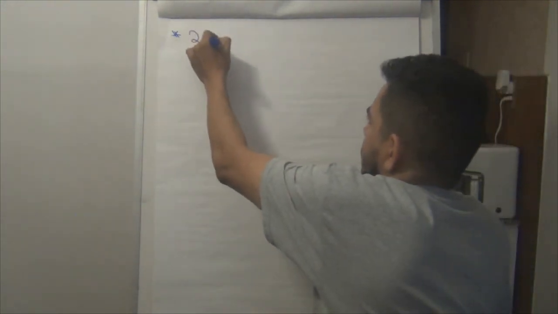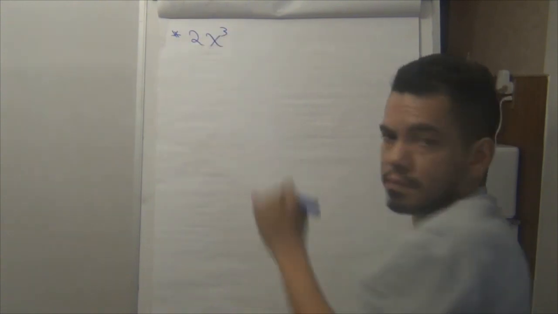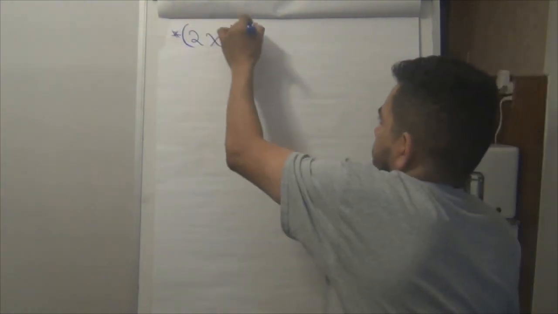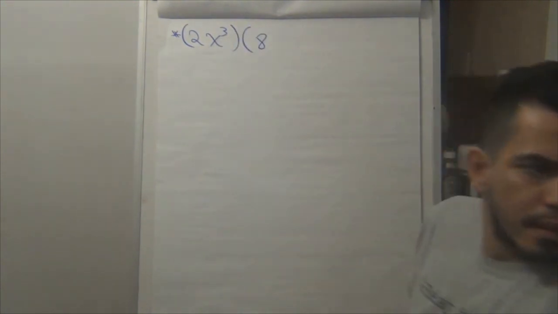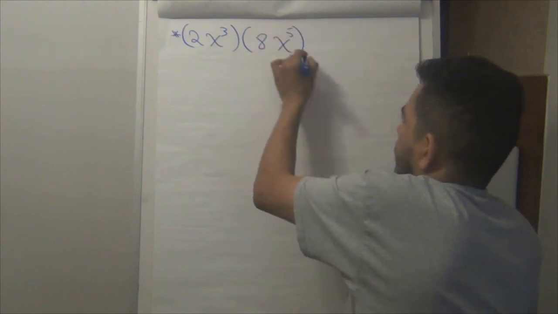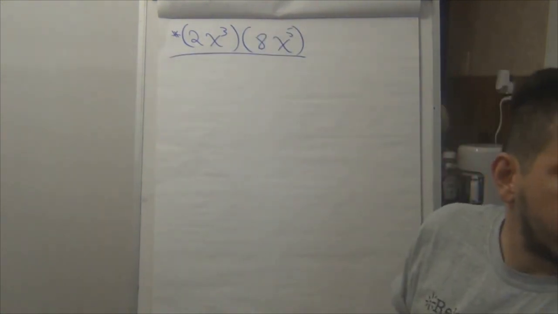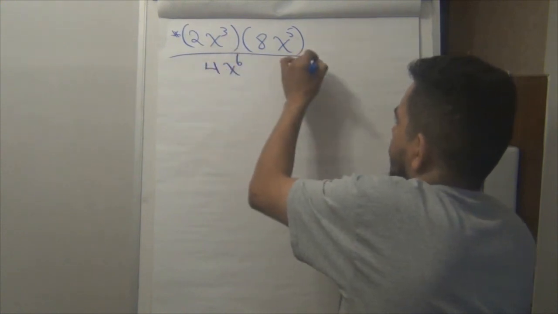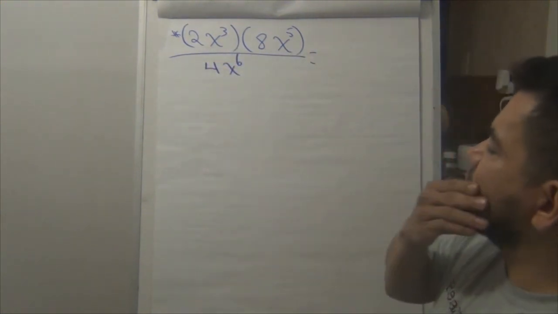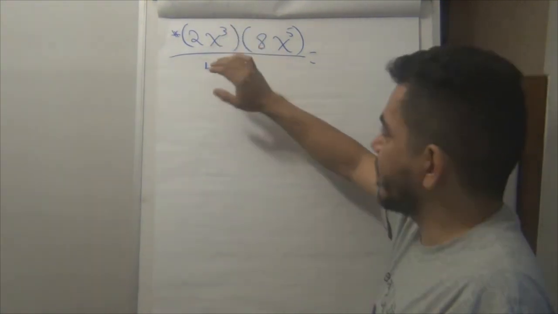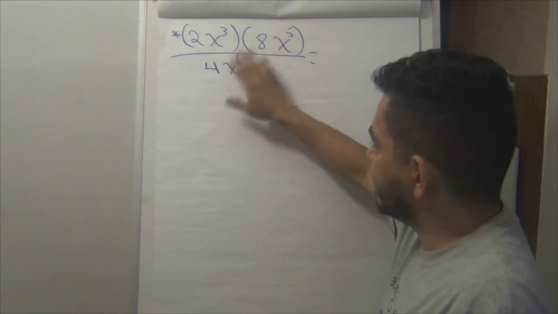So that is 2x to the third times 8x to the 5th divided by 4x to the 6th. Okay, so there is no sign like plus or minus, so you don't have to divide this by this and this by this.